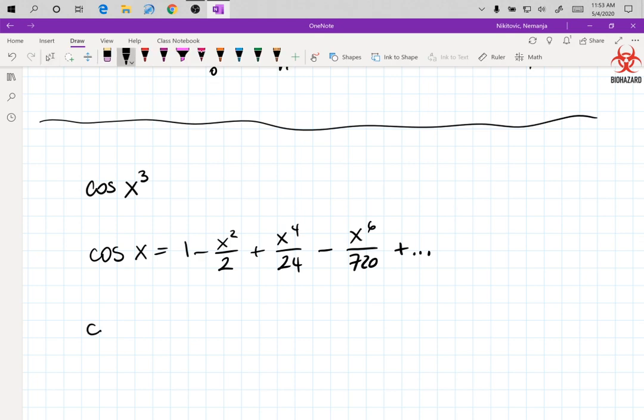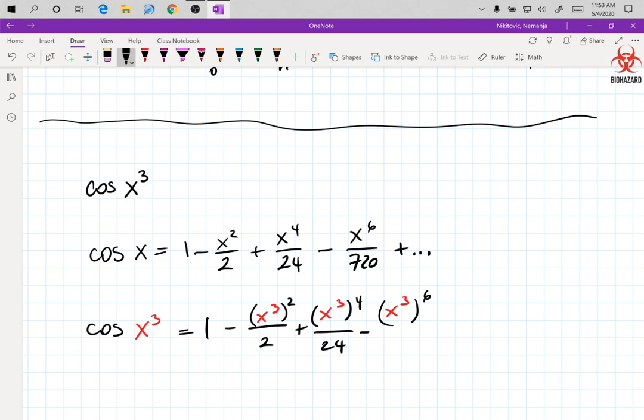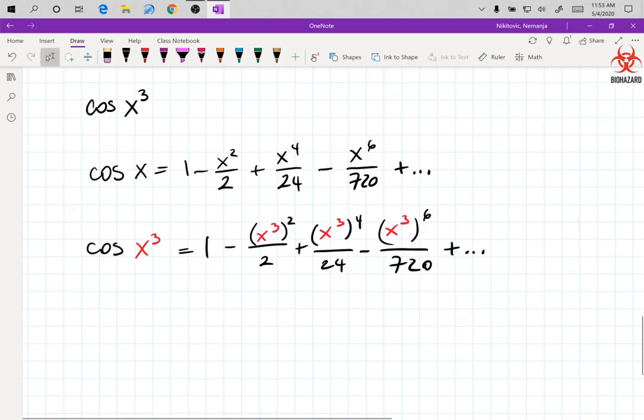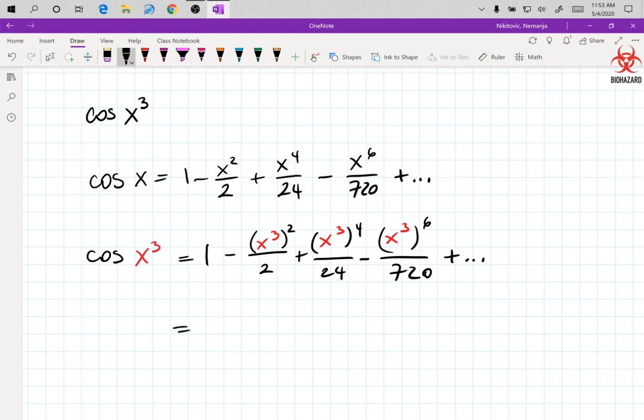And then if you have cosine of x cubed, you will replace every x with x cubed. So you are going to have 1 minus x cubed squared over 2 plus x cubed to the 4th over 24 minus x cubed to the 6 over 720. And then you just work out that algebra, right?